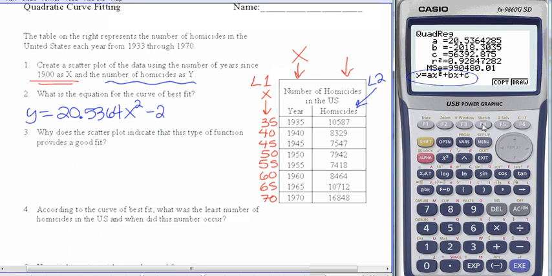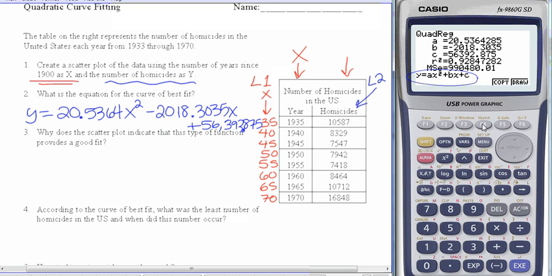Then our B is negative 2018.3035, and that has an X with it. And then our C is added on the end, which is positive, and it's 56,392.875. Sorry, it's hard to see that decimal point in there. All right, so I'm going to write down that equation.